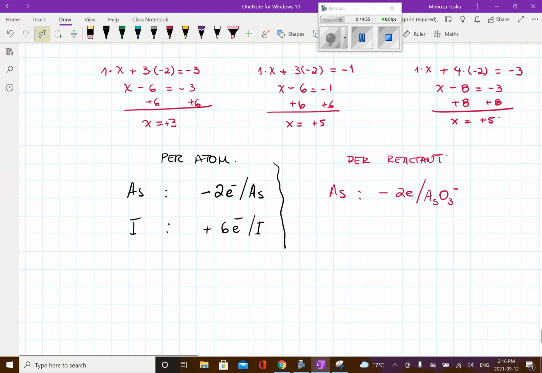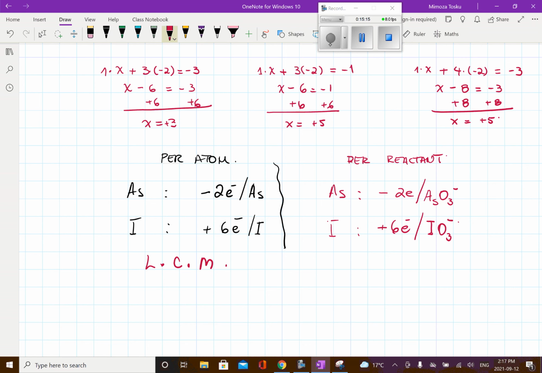So it will be positive 6 electrons per IO3 minus. Okay, so now we find the lowest common multiple between 2 and 6, and it is 6.